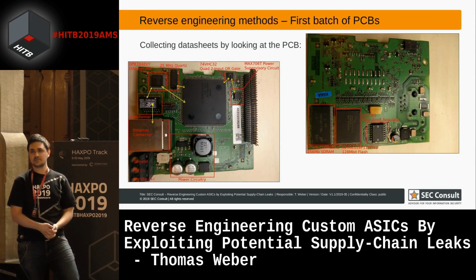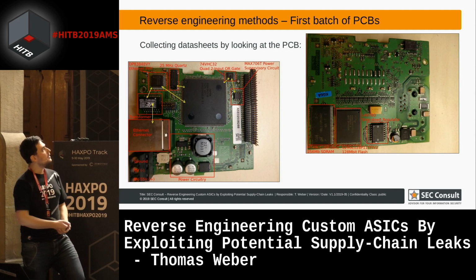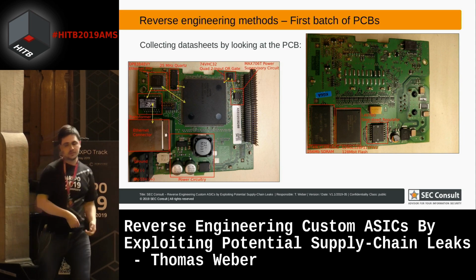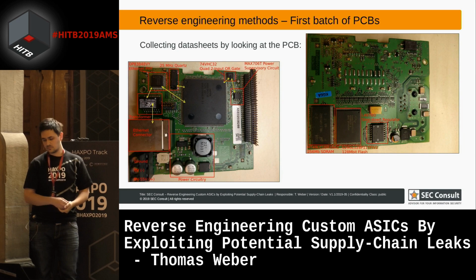So I started to investigate with the first batch of PCBs I got from the PLC, with the same system on chip, and I started to investigate which parts of the PCB, which system on chips I know. So where can I find a data sheet and what is what?